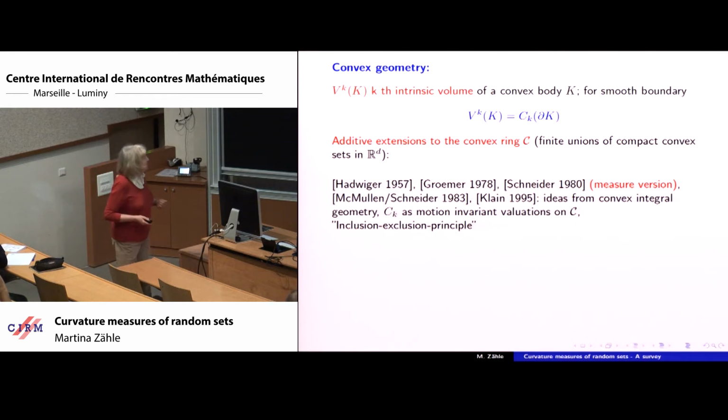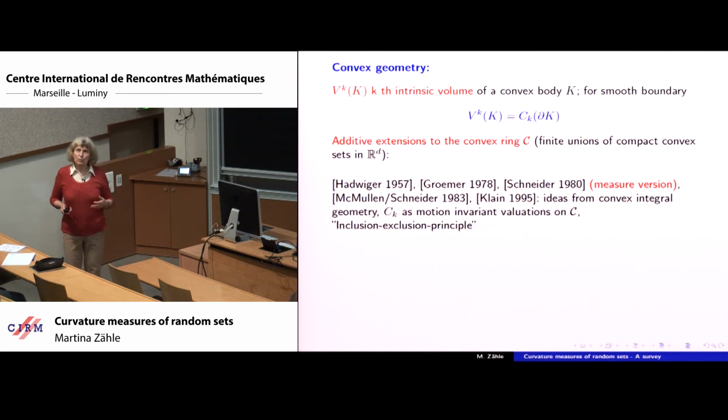And yeah, there are further papers, and I think an easier approach in the integral geometric context was given by Klein, who, for instance, proved in an easier way Hadwiger's characterization theorem with his methods.